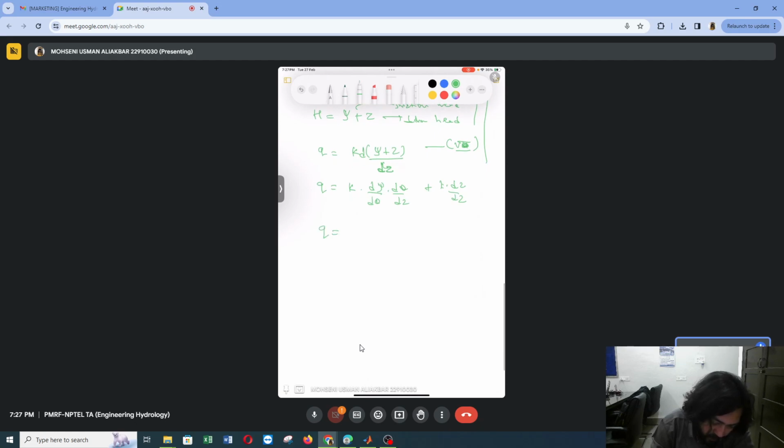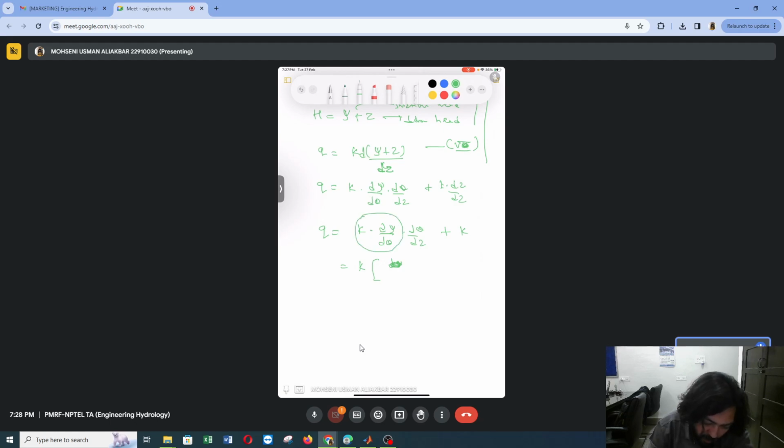So if you look at this equation, dz by dz is 1, so this will become k. We can take a constant out now, or we can simply rewrite this equation.